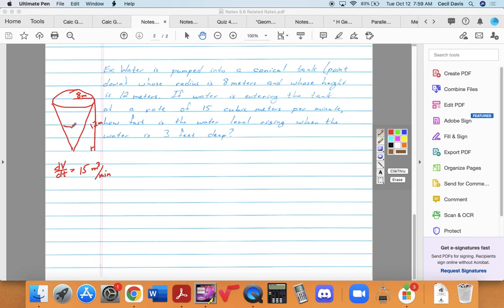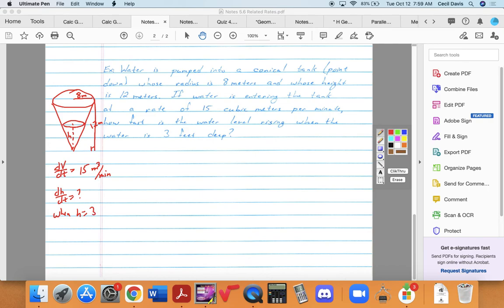So for the water level, I'm going to use the height of the water. That's what we're looking for: dh/dt equals something when h is equal to 3.